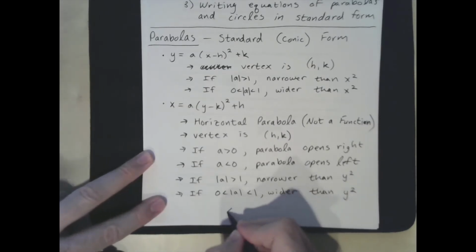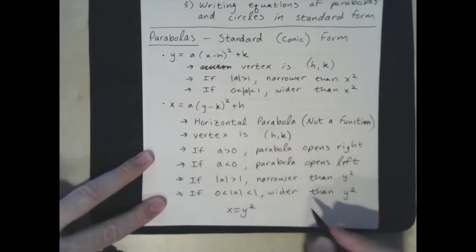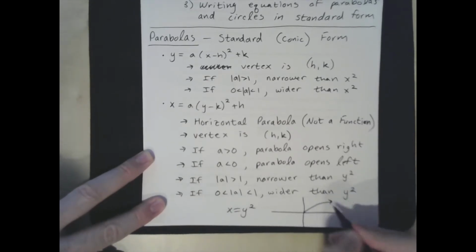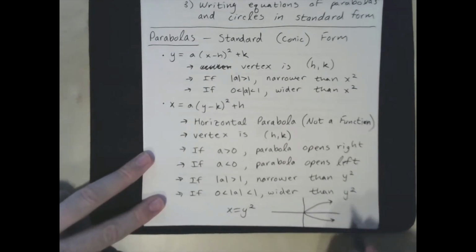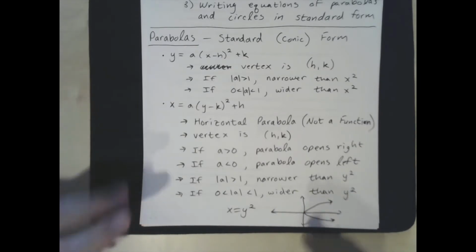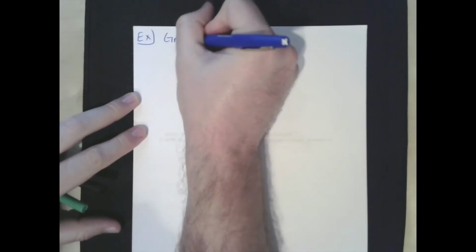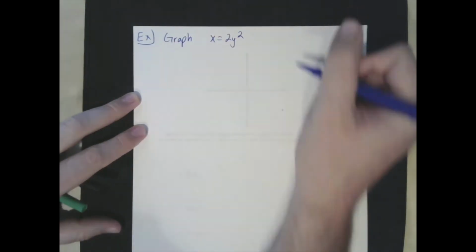And of course, x equaling y squared, just a quick little sketch, is the parabola that opens like this. It has all the same points as the standard parabola x squared. Think of it as being turned onto the other axis. So let's start with graphing x equals 2y squared.